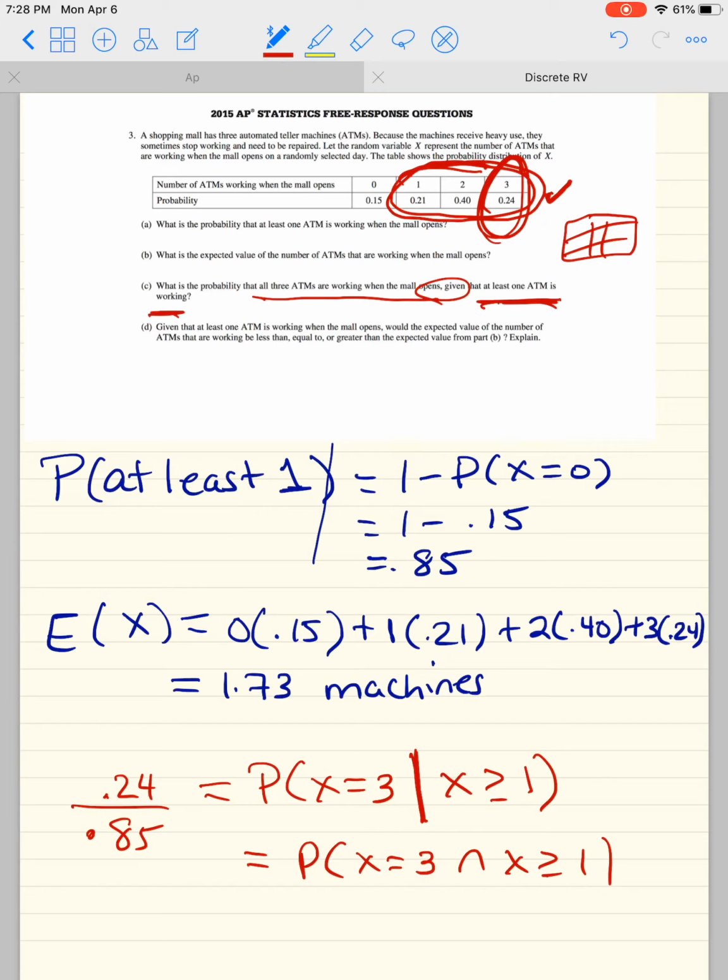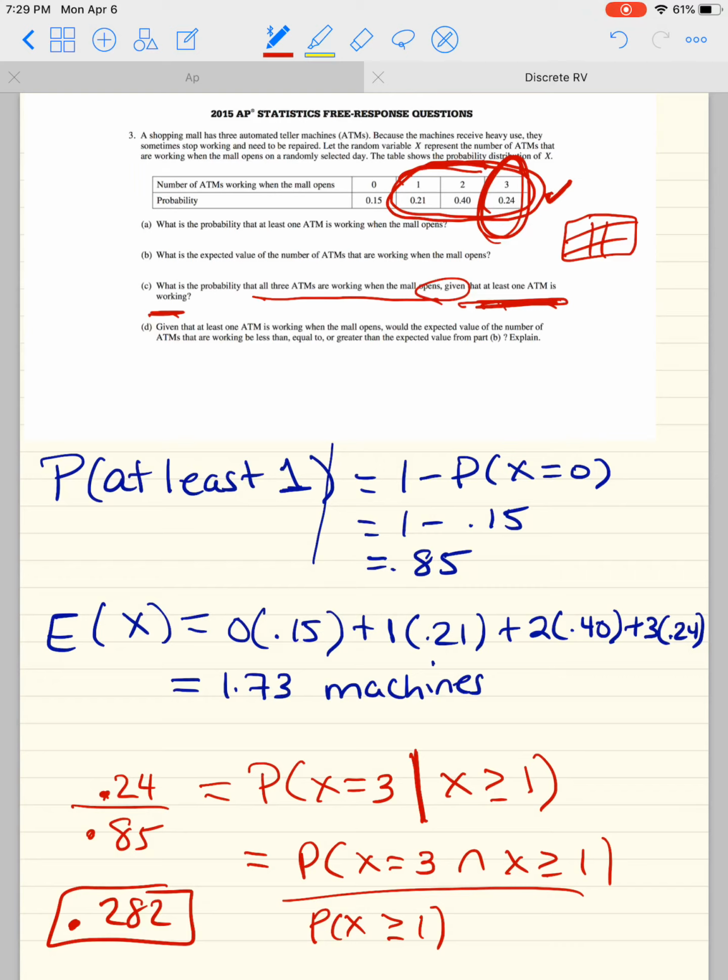So that's the numerator, divided by at least 1, which we found in part A. And so our answer is going to be, remember never to put two decimals as a value, 24 over 85. I hope that makes sense. Given at least one ATM is working means out of those, what's the probability exactly 3 ATMs are working? So that's how you do part C.